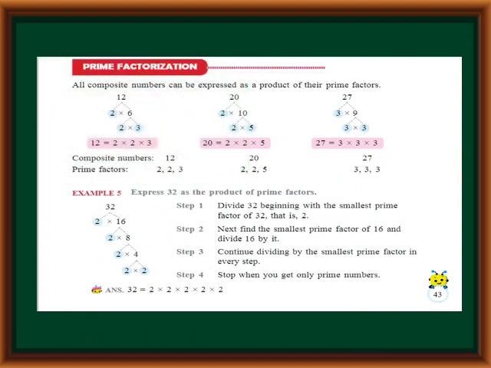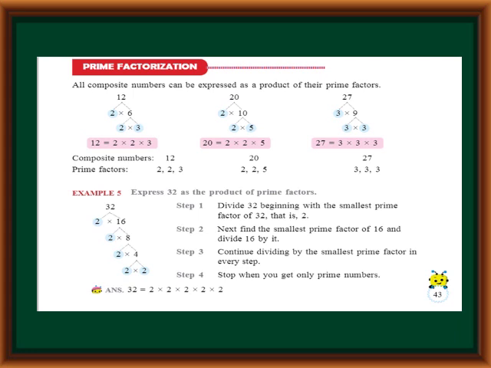Next we will see what is prime factorization. The method of prime factorization is used to break down or express a given number as a product of prime numbers. So all composite numbers can be expressed as a product of their prime factors. So take the number 12. You should always start with the smallest prime factor. As the number ends with 2, we can start with 2.